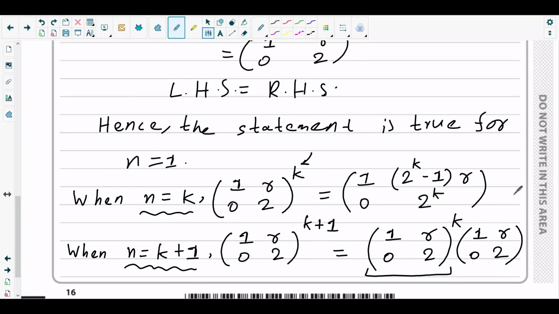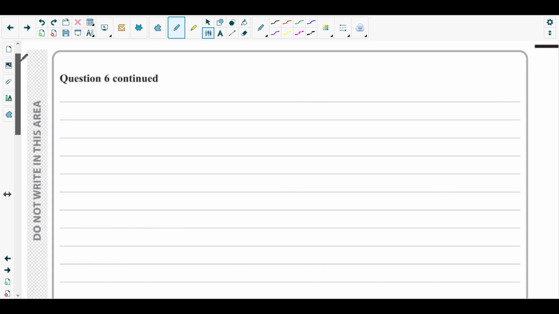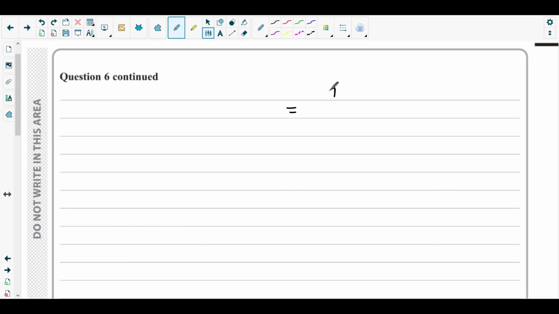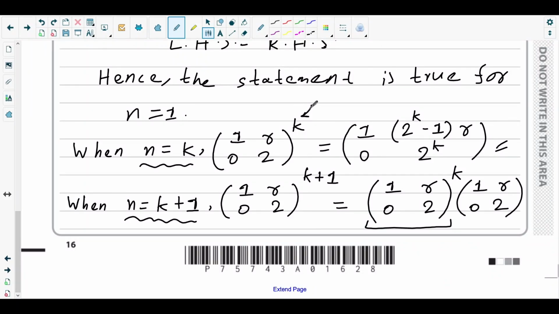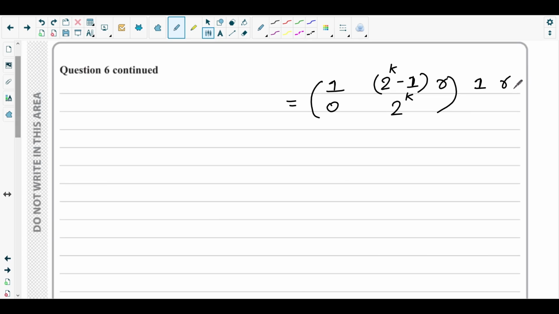We will just substitute this expression in place of (1 r; 0 2) to the power k. So you will get (1 2^k - 1 r; 0 2^k) times (1 r; 0 2).